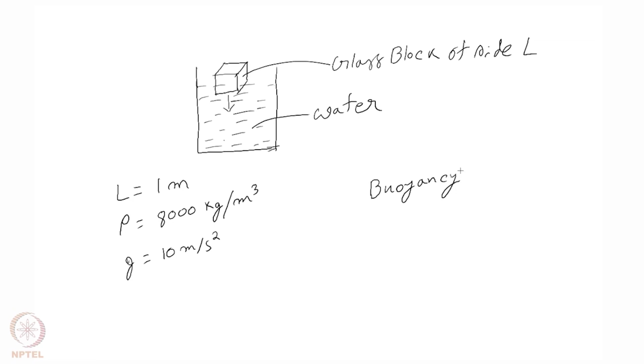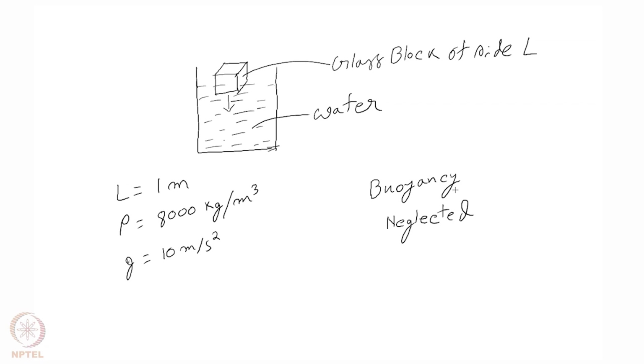So what I am considering here is that the weight of the block will try to make the block sink, and buoyancy will try to push it up, right? So we are neglecting buoyancy, but there will be another force, that is surface tension force, and we will see how the weight and surface tension force actually compare in this scale.